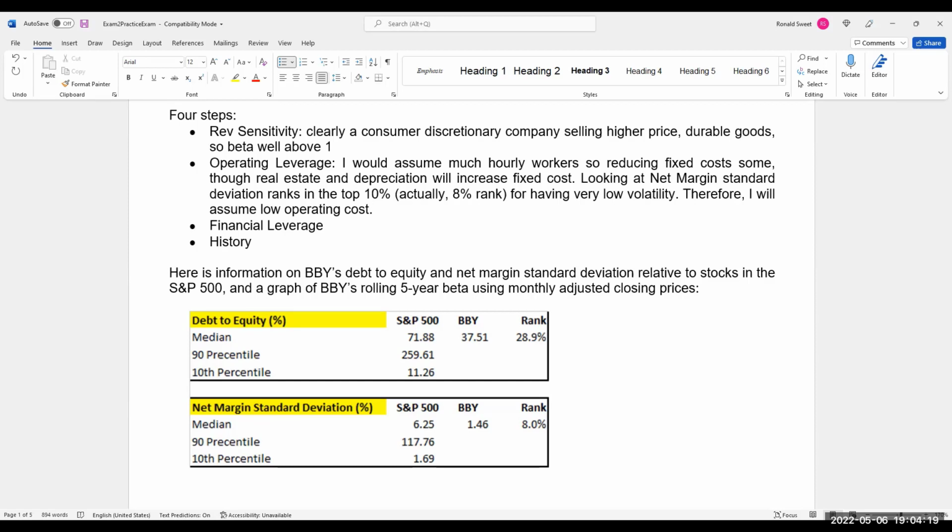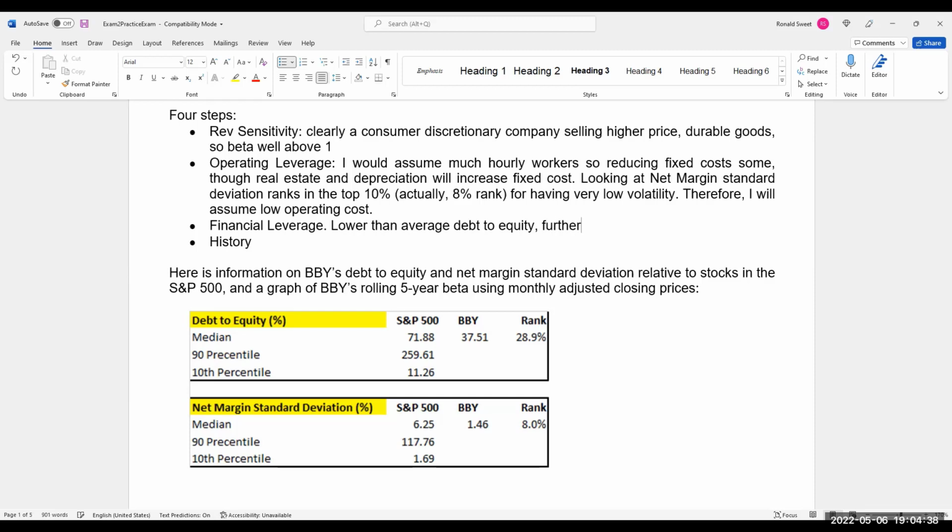So it makes sense. A lot of retail shops like this, even if they're discretionary, tend to have fairly stable margins, mainly because they're a margin business. That's what they manage. Financial leverage, lower than average debt to equity.